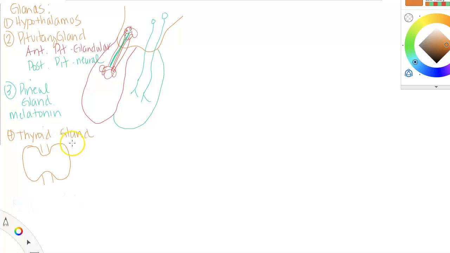And the hormones that it secretes are called T3 and T4, or thyroxine and T3, and those are stimulated to be secreted through what's called TSH, which is thyroid stimulating hormone that comes from the pituitary gland.